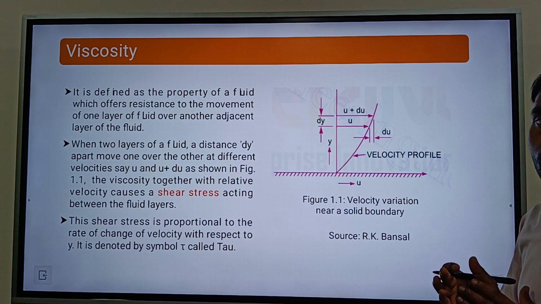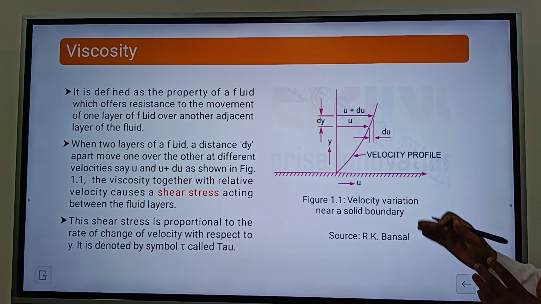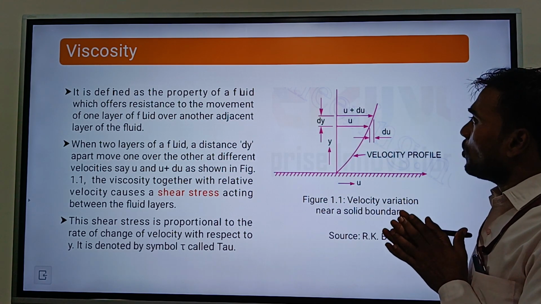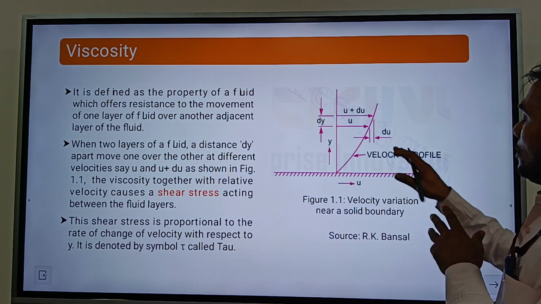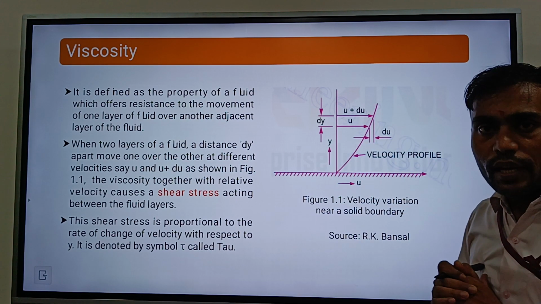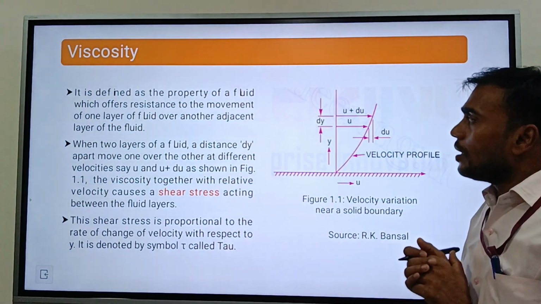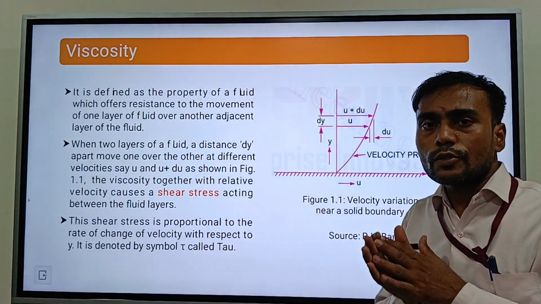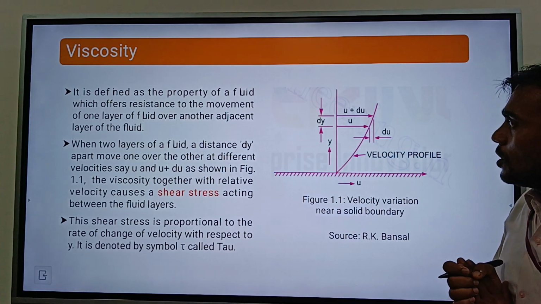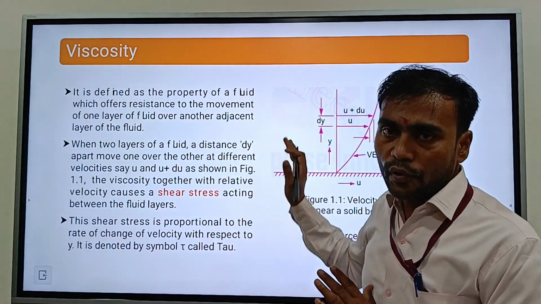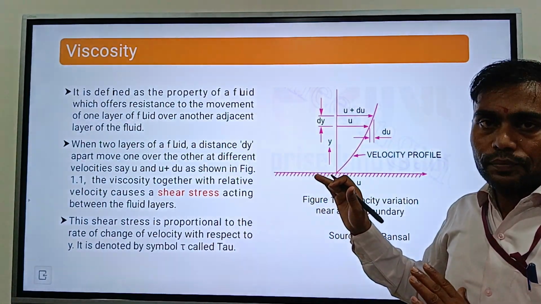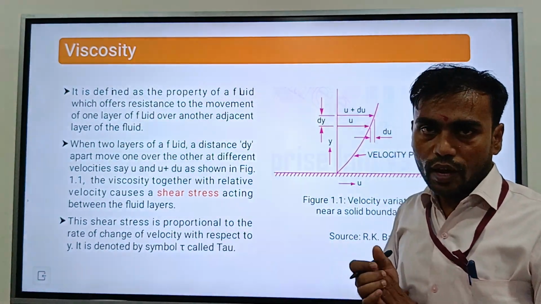The motion of the fluid is in the positive x direction. So if we consider the viscosity, then these two fluid layers will apply an internal resistance to each other. Okay. So this property of fluid is known as the viscosity of the fluid.